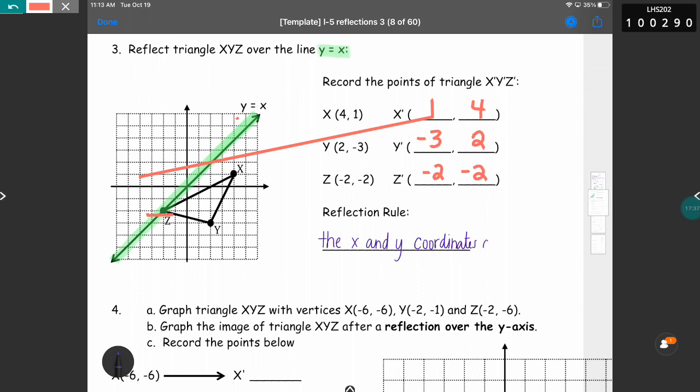Okay? The X and Y coordinates change places. So what's happening is Y is going in the X spot and X is going in the Y spot. The Y's and the X's are switching places. Okay, this was Z prime.